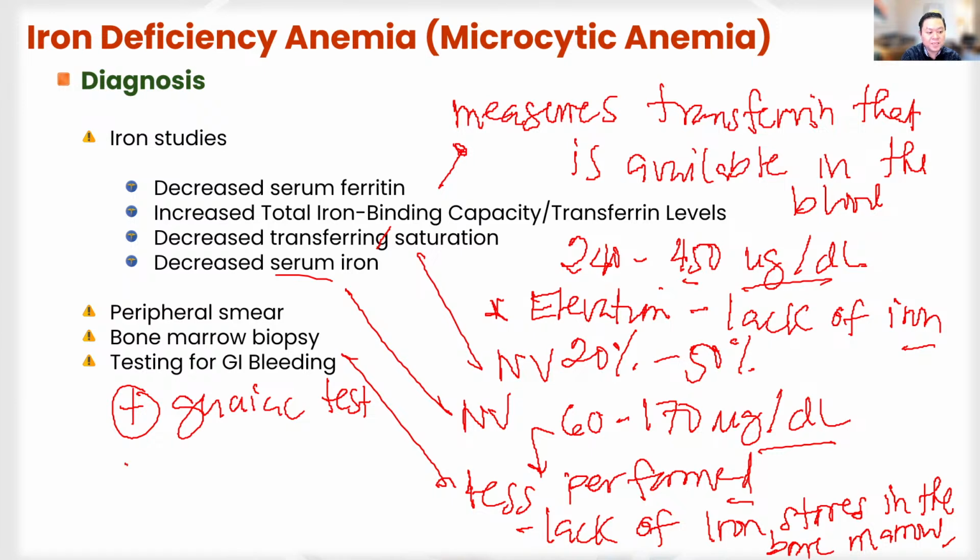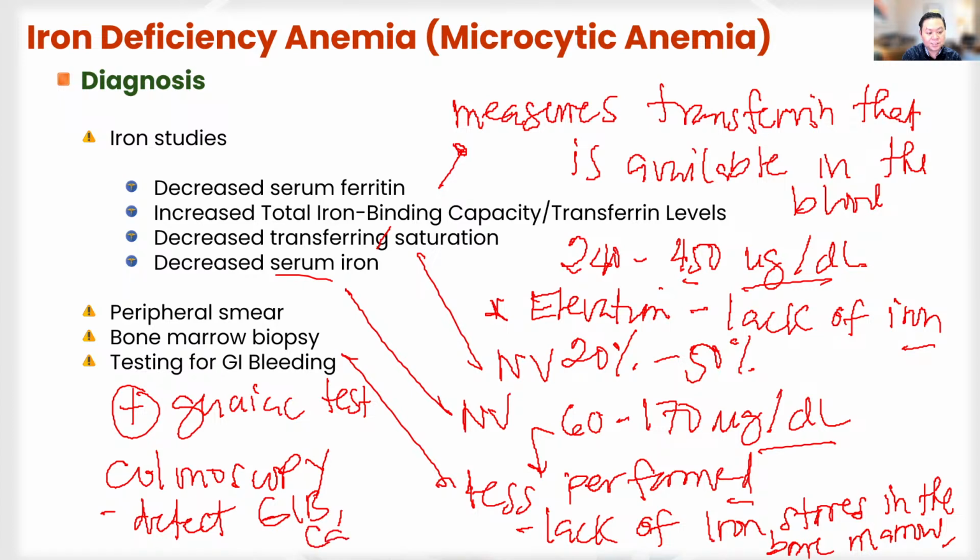Or maybe the colonoscopy, an invasive procedure that involves the insertion of an endoscopic tube into the lower GI tract to identify the source of the bleeding, or to find out if there is some form of colon cancer in the patient. Okay, colonoscopy to detect GI bleed and also to detect cancer in the bowel. Please don't forget about the colonoscopy and the guaiac testing.